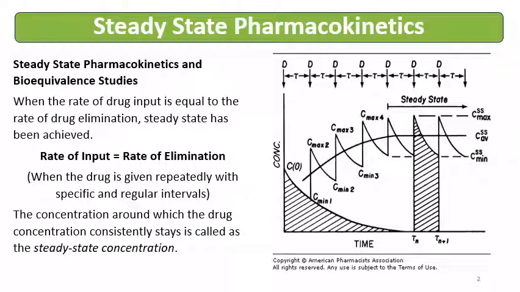Simply, if you are giving a 250 mg dose, then as per the bioavailability of the formulation or drug, that same dose is available in the plasma. The concentration around which the drug concentration consistently stays is called the steady state concentration.